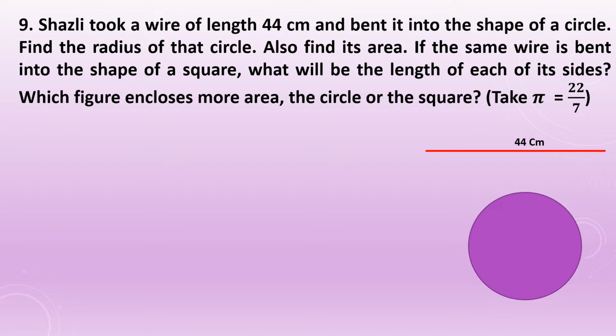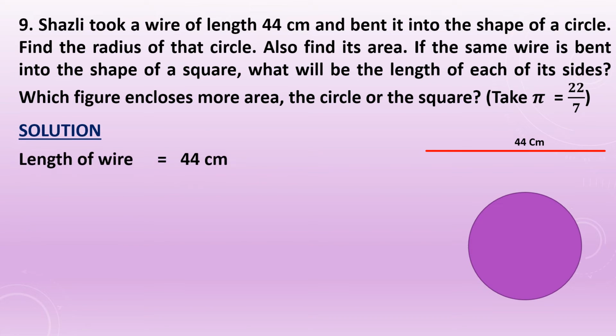So children, here a wire of length 44 centimeter is given, that is represented by a straight line, and it is bent into the shape of a circle, that is shown here. So we have to find the radius of the circle. Since the wire is bent into the shape of a circle, the length of wire means the circumference of the circle.